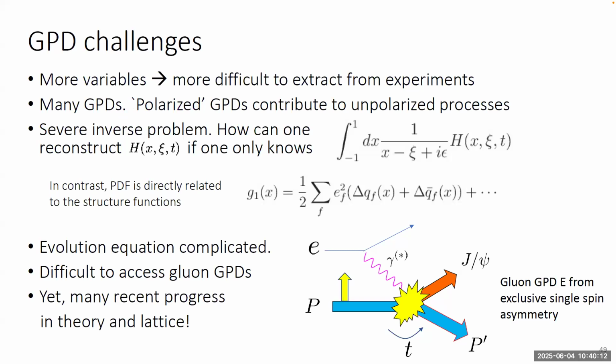So we are thinking about this process, and you have a GPD H and both unpolarized and polarized GPDs, and then you take the square to get a cross section. So the unpolarized cross section goes like H H plus H tilde H tilde. So in that sense, the polarized GPD also contributes to the unpolarized cross section.